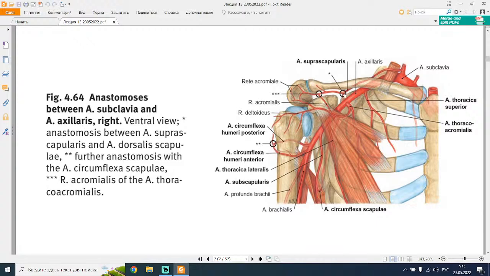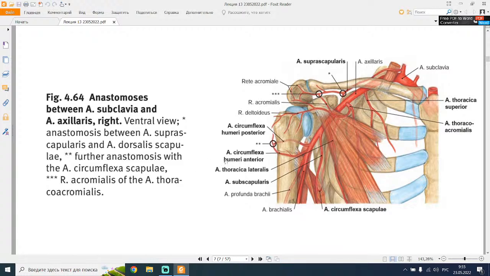What you see: anastomosis between arteria suprascapularis and rami acromialis of arteria thoracoacromialis. Two anastomoses.